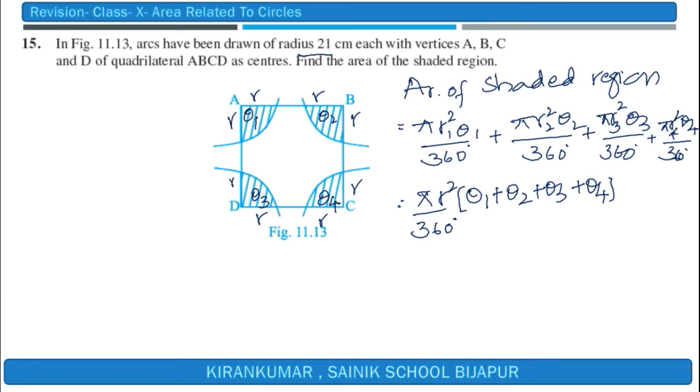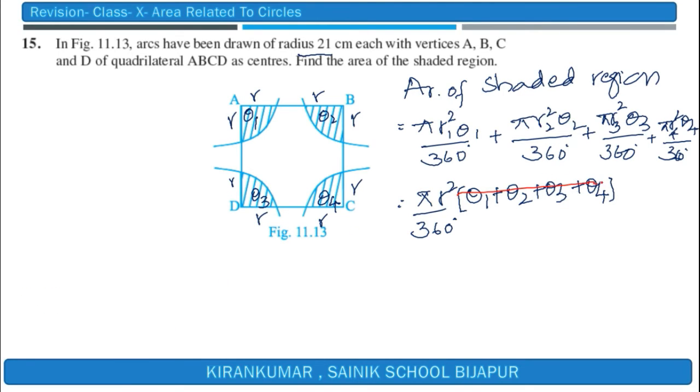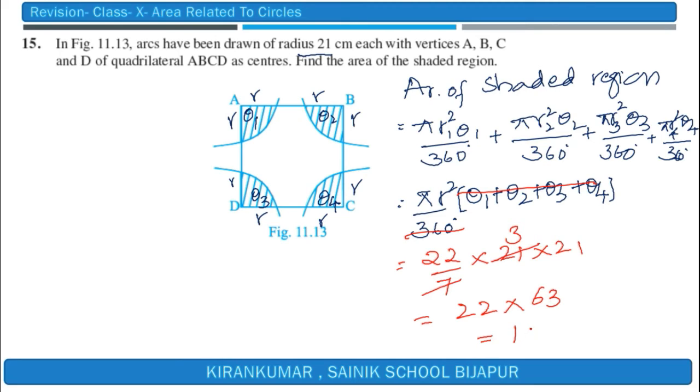In this particular case they get cancelled because the sum of the interior angles is 360. So 22 upon 7 multiplied by the radius square, which is 21 into 21. So 22 times 3 times 63, which is 1386 centimeters square.